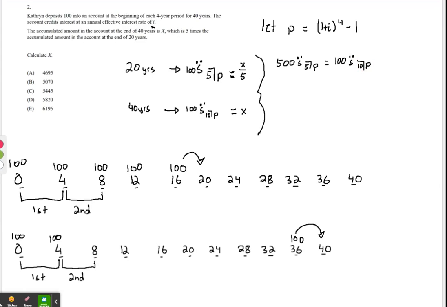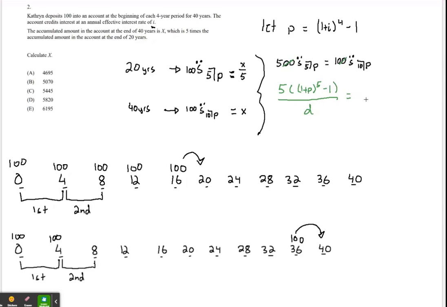Okay, so the 100s are going to cancel out. And then I get 5, right? I don't know what the interest rate is, so I say 1 plus P to the 5 minus 1 all upon d.